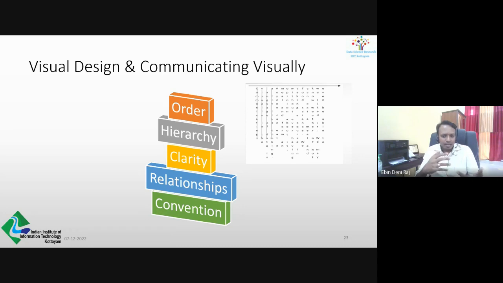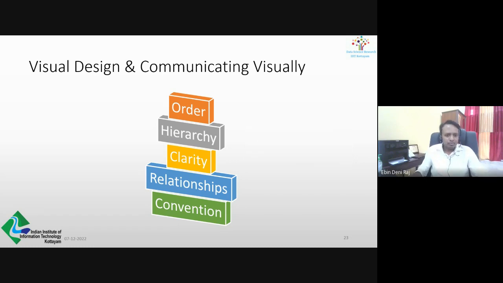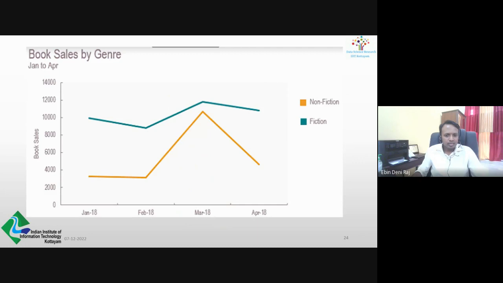So when it comes to visual perception, there is no agreed standard that we follow, even in data visualization. So if you take a look at this typical data visualization, in this particular graph, what is the first thing you have noticed?